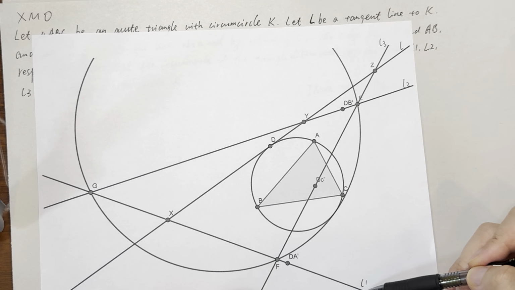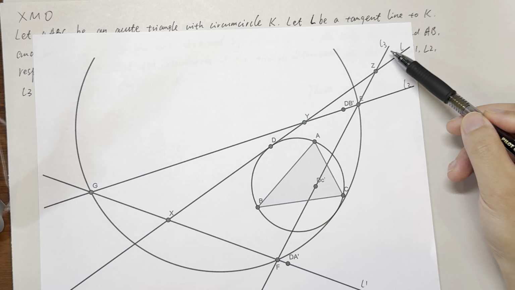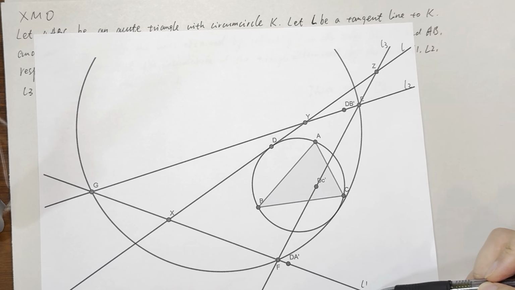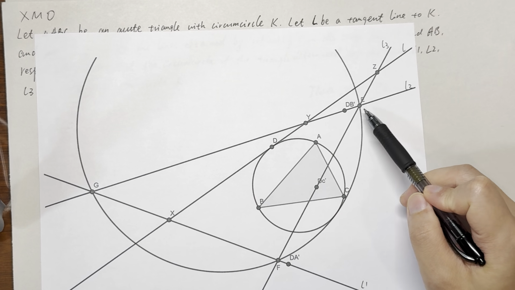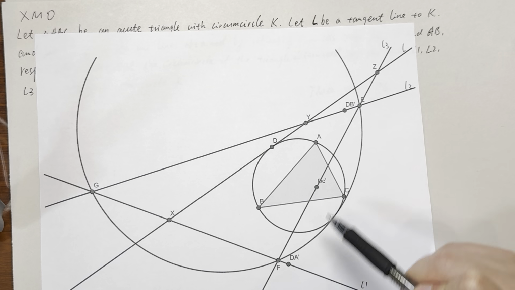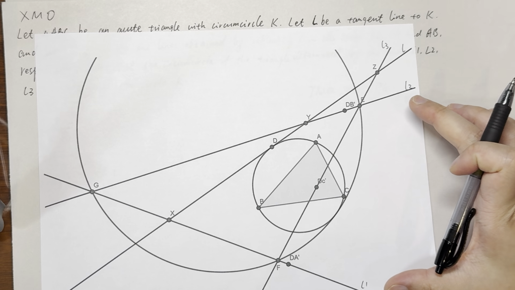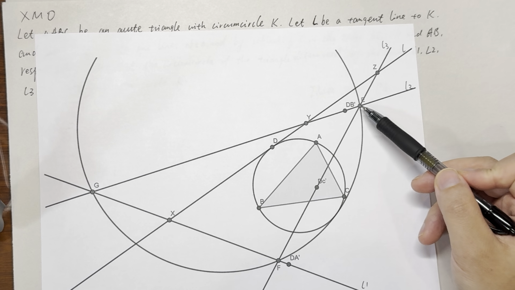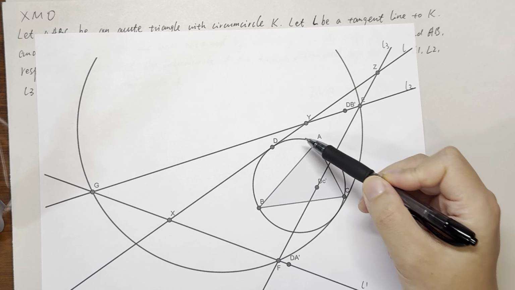Look at L3 and L1 intersect at point F, and L3 and L2 intersect at point E. L1 and L2 intersect at point G. So basically, the triangle EFG is formed by these three reflecting lines. And we want to prove that the circumcircle of the triangle EFG is tangent to the circumcircle of triangle ABC.